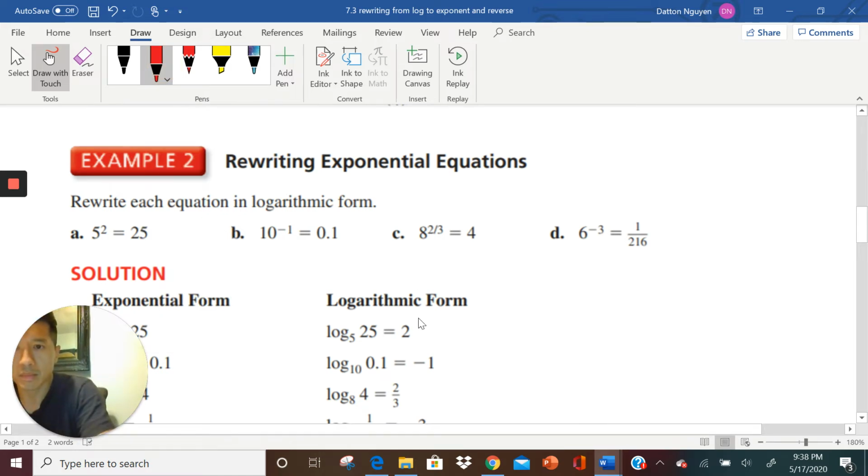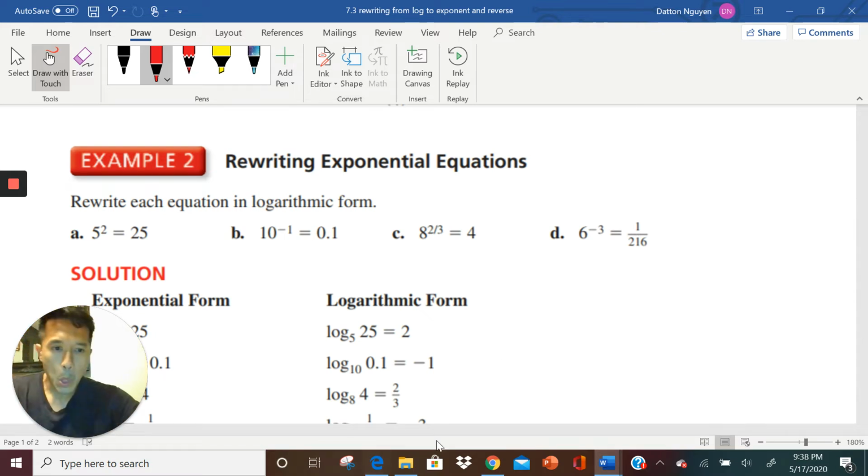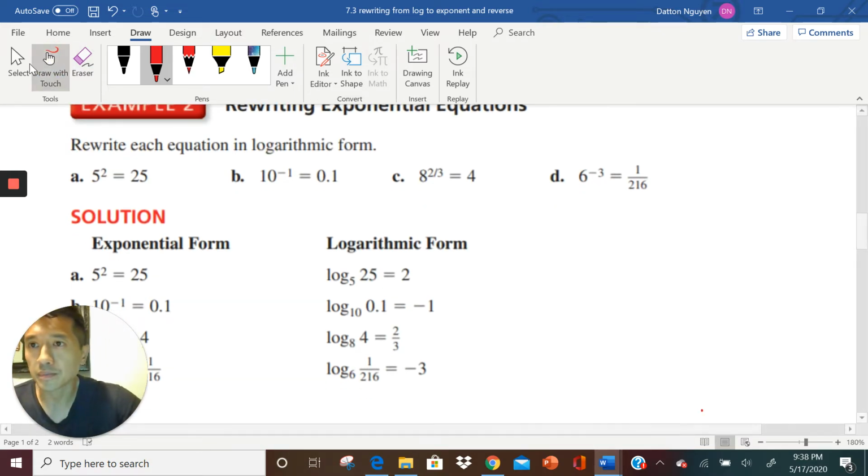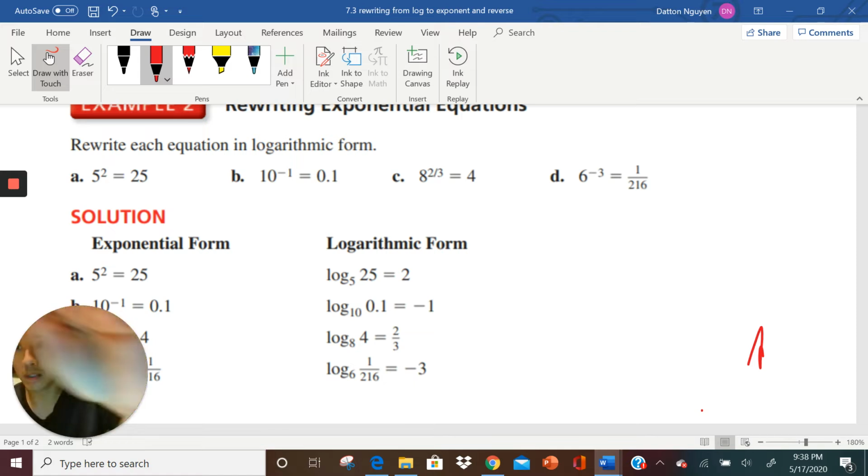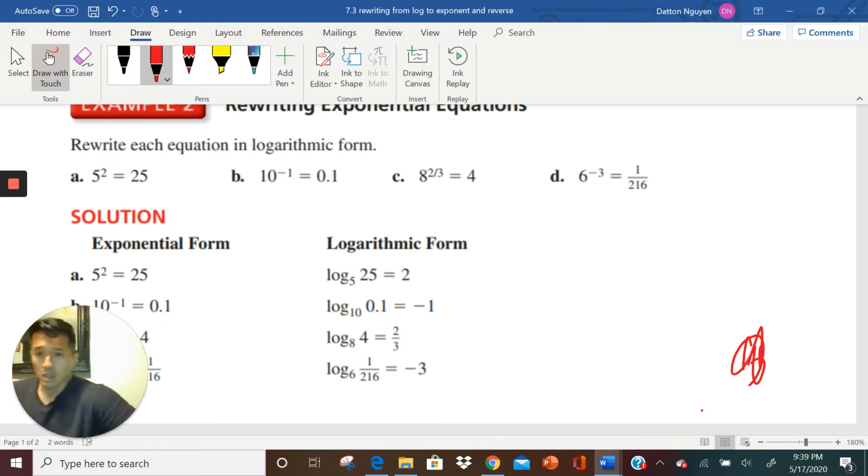So for example, if I have 5 squared, 5 is my base.